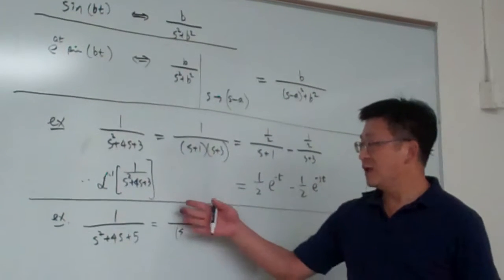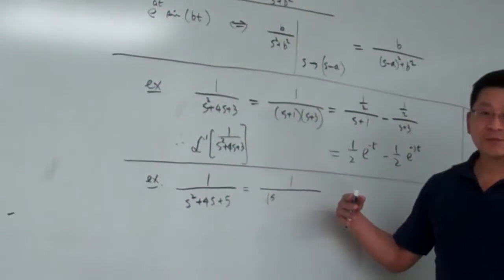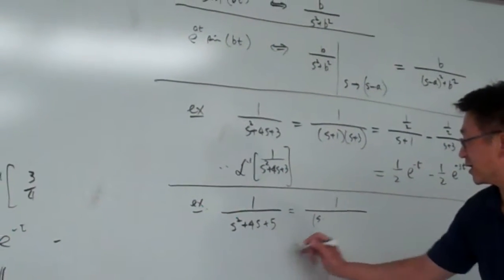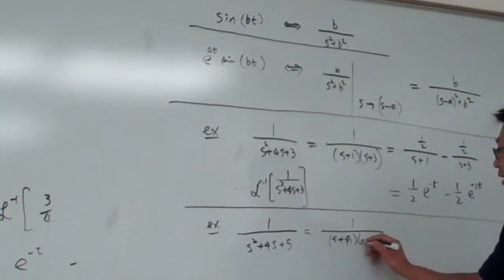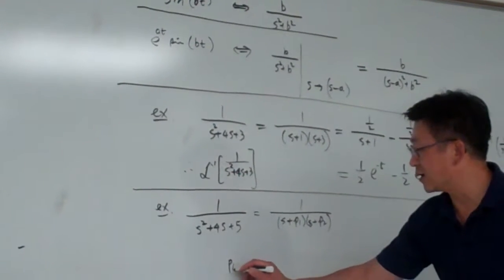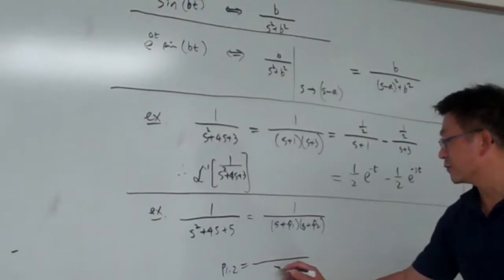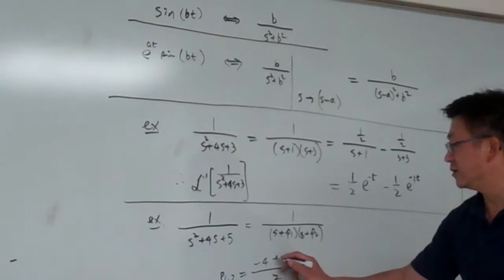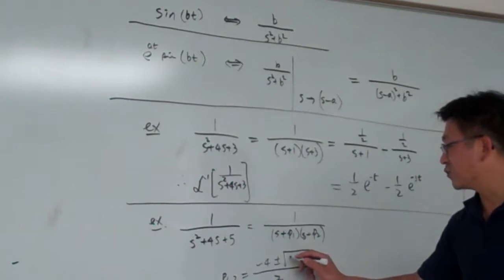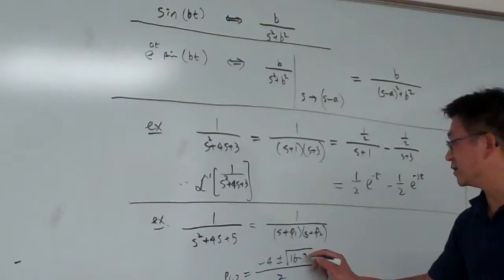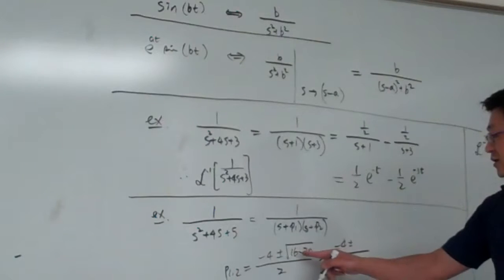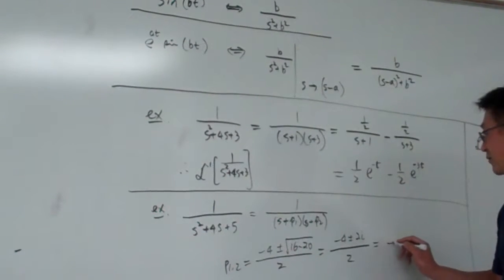Right now I'm showing a not-so-appropriate process. Say the two roots are P1 and P2, so s minus P1 and s minus P2. What are the roots? Let me find them. The roots P1, P2 equal (minus b plus or minus the square root of b squared minus 4ac) over 2a. So you might come up with (minus 4 plus or minus 2i) over 2, which is minus 2 plus or minus i.